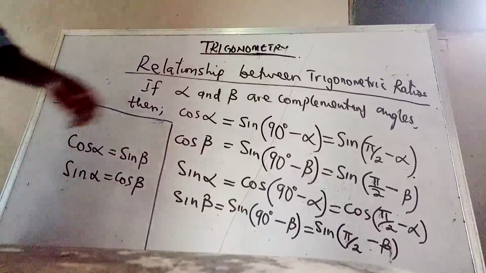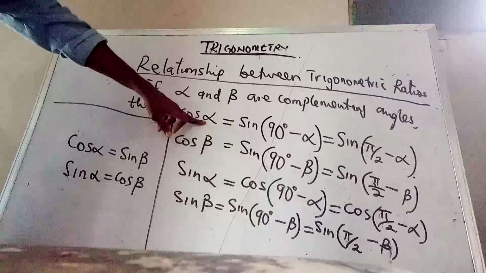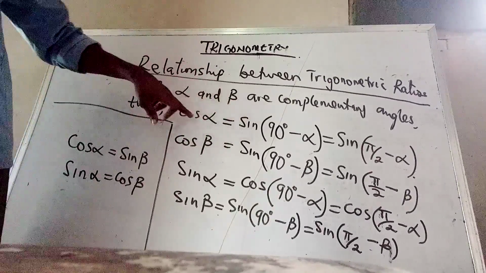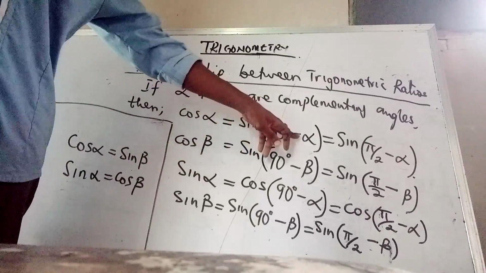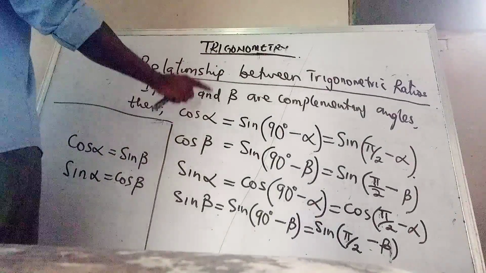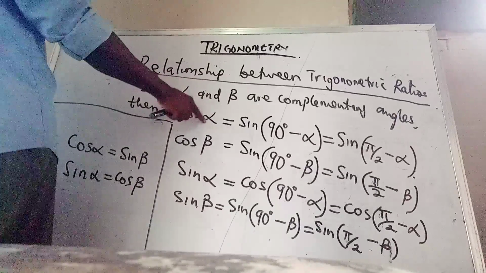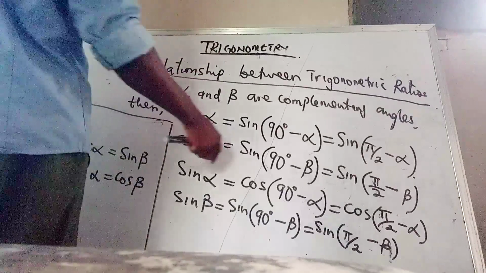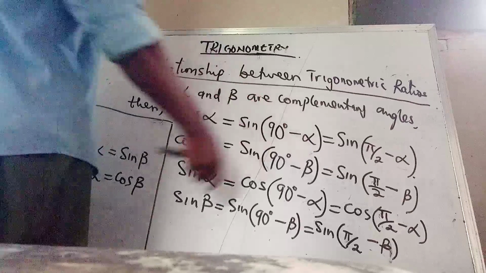Now, if we are given cos alpha, it can be used to get sine, and it will be the same thing as sine of 90 degrees minus alpha. That is, whatever you get for cosine alpha will be the same thing you will get if you find sine of 90 degrees minus that alpha.